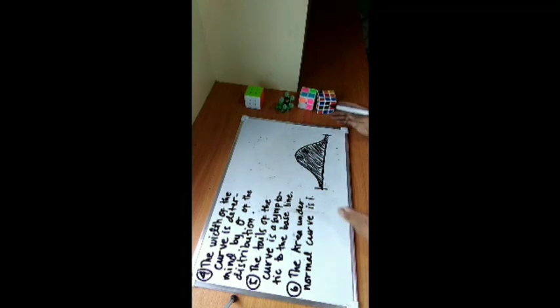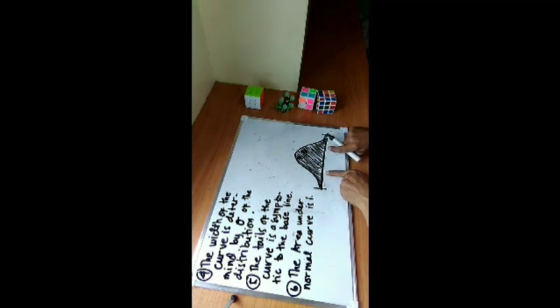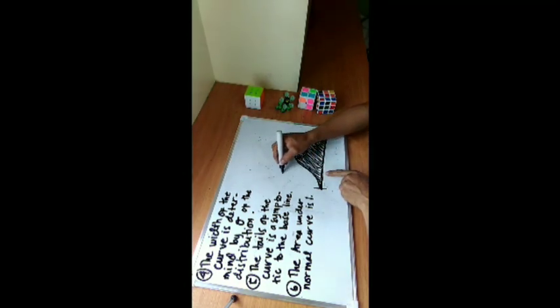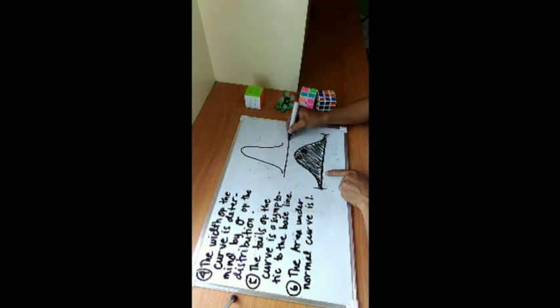That is why if we make this a little bit closer to each other, the standard deviation becomes smaller and the curve becomes higher and higher, because the area must be equal to 1.